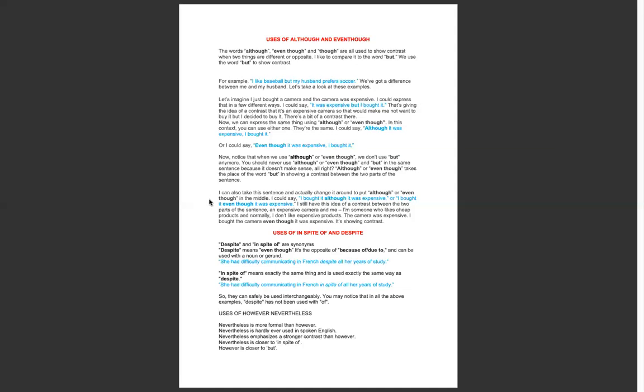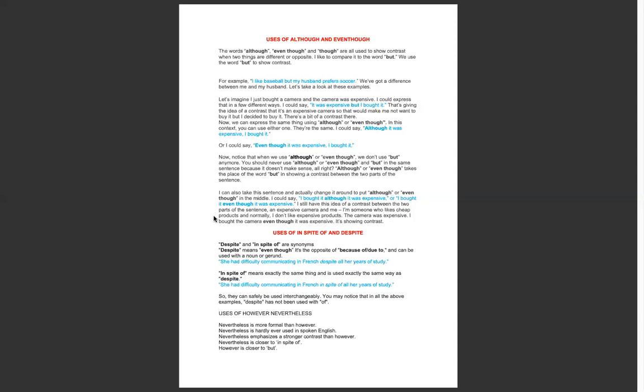You can also take this sentence and actually change it around to put although, even though in the middle. I could say, I bought it, although it was expensive, or I bought it even though it was expensive. I still have this idea of a contrast between the two parts of the sentence, an expensive camera and me.